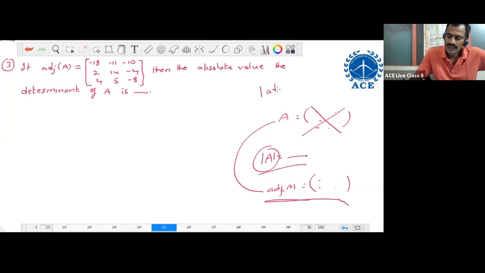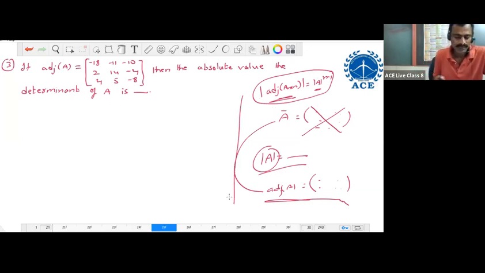It is the result. It is a relation between determinant of A and determinant of adjoint. So using this relation, we can write the determinant of A only. Now we write the solution.